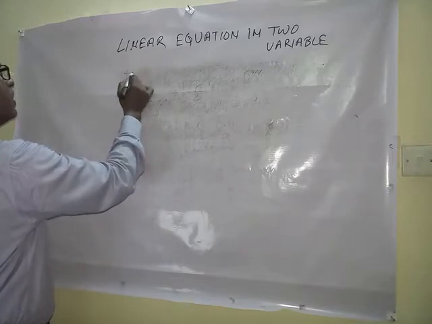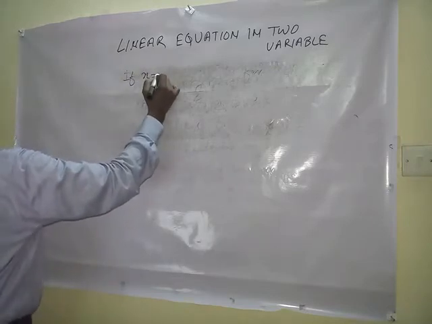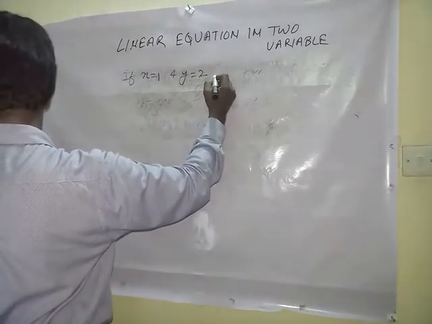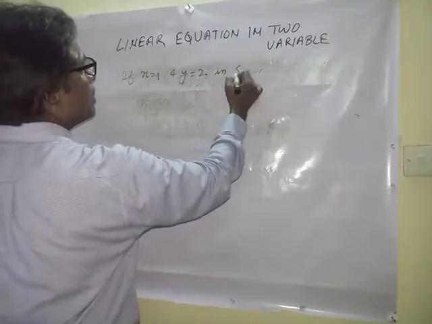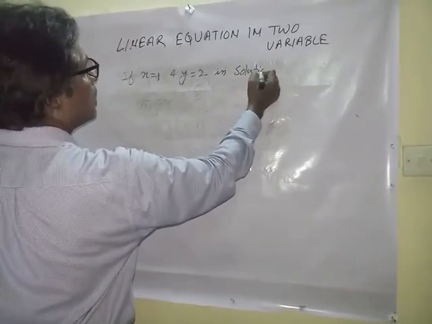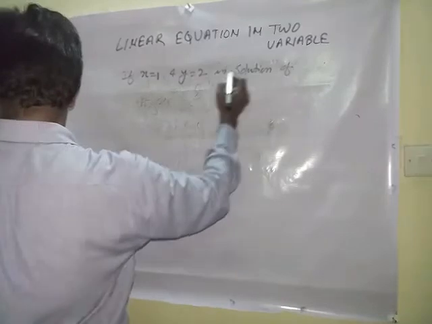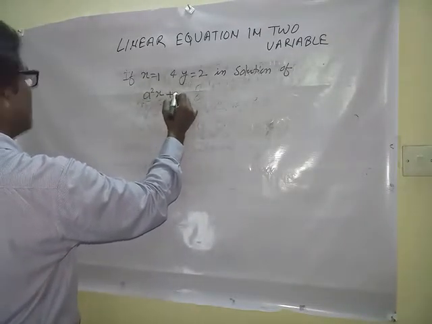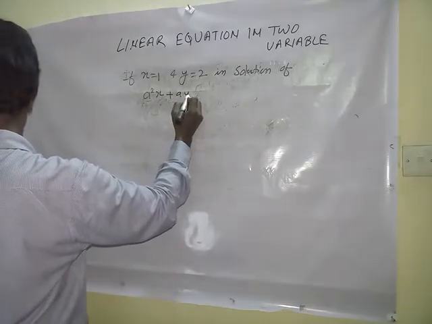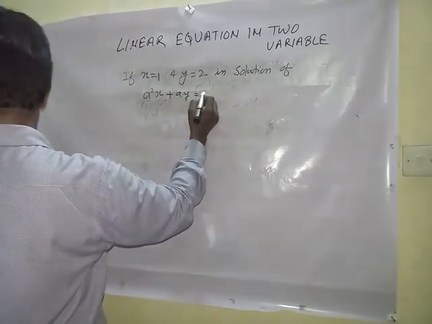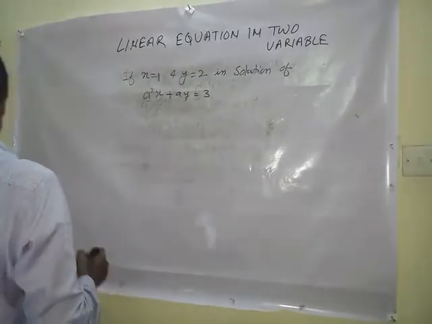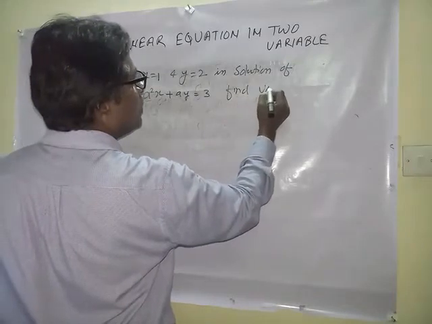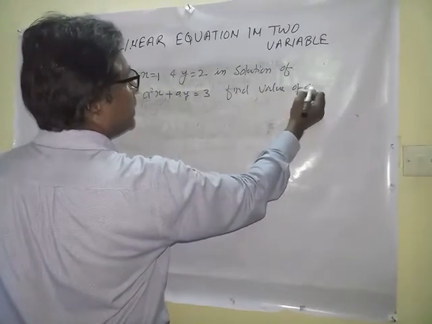If x is equal to 1 and y is equal to 2 is a solution of a square x plus ay is equal to 3, then find the value of a.